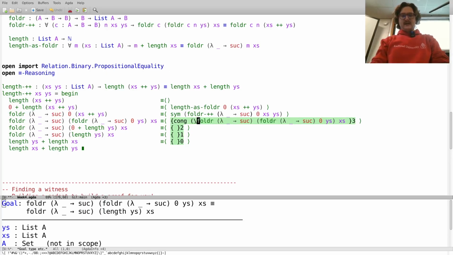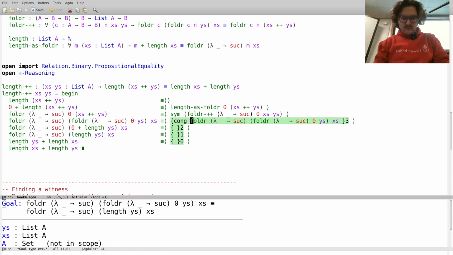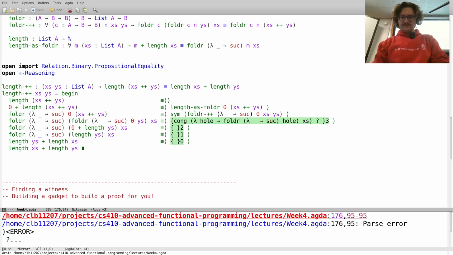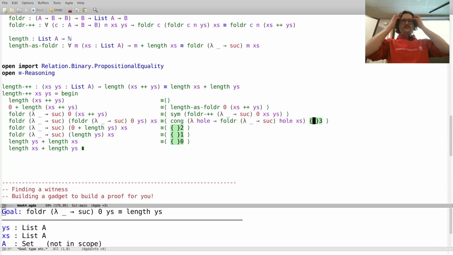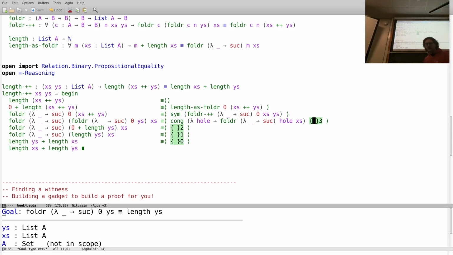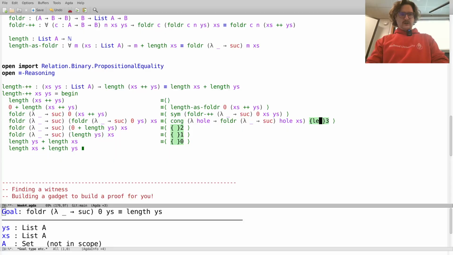And then say, the hole I want to act on is this sub-expression. And so now we are left with our instance of length as folder.